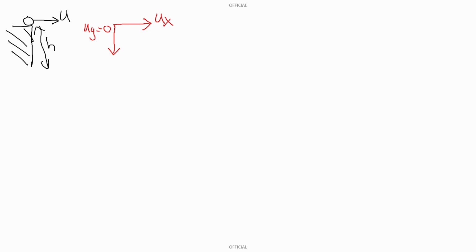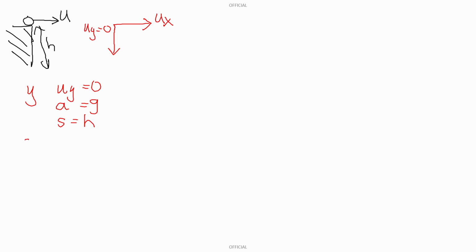So if I look at the y direction first, u in the y direction is 0. I know that the acceleration is going to equal g, and the displacement will be a height of h.